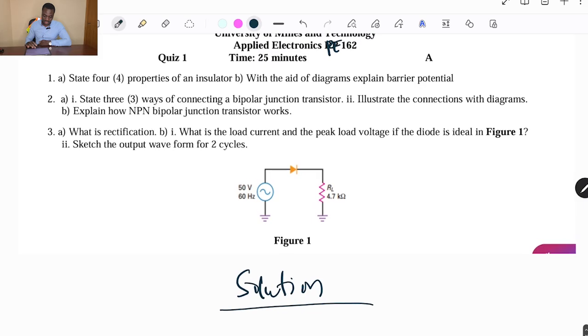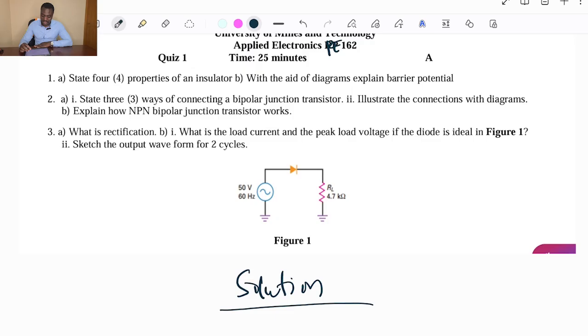Now, the first question we have: state 4 properties of an insulator. I've already explained this in one of the videos, I think the chemical engineering students video.